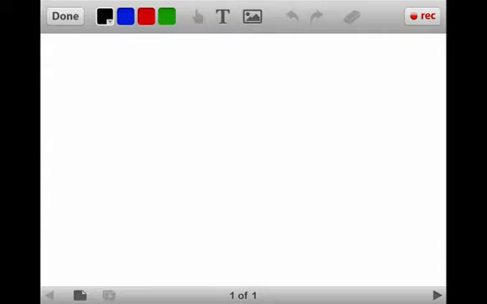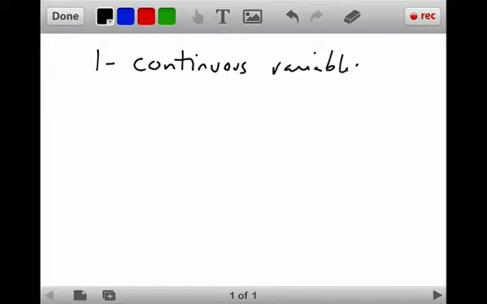If we're looking at the probability distribution, we need to understand that there are 3 characteristics that describe it. First of all, it can only be used with continuous variables, not discrete, not qualitative, obviously, because we're looking at a histogram and not a bar graph.